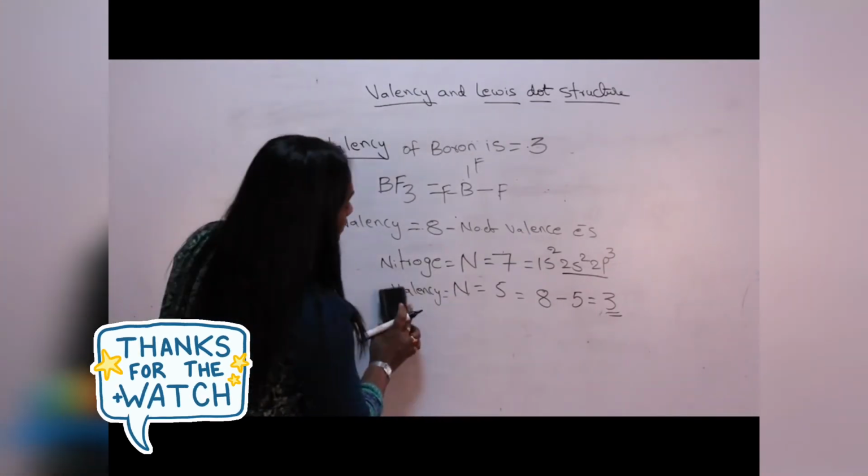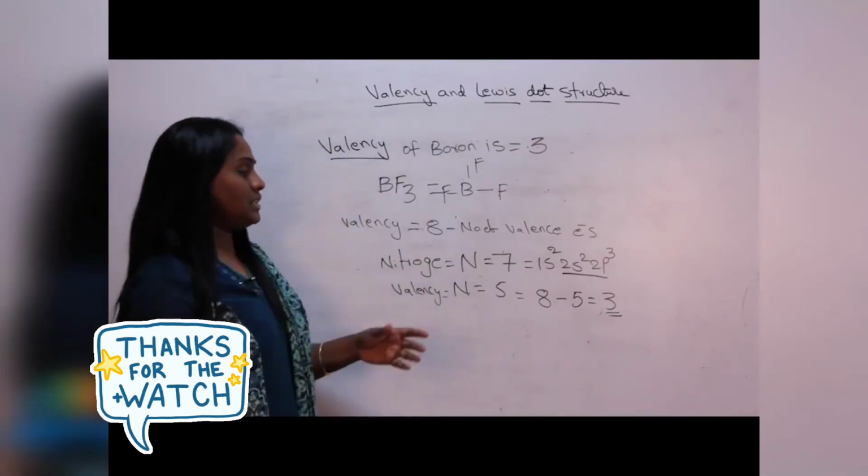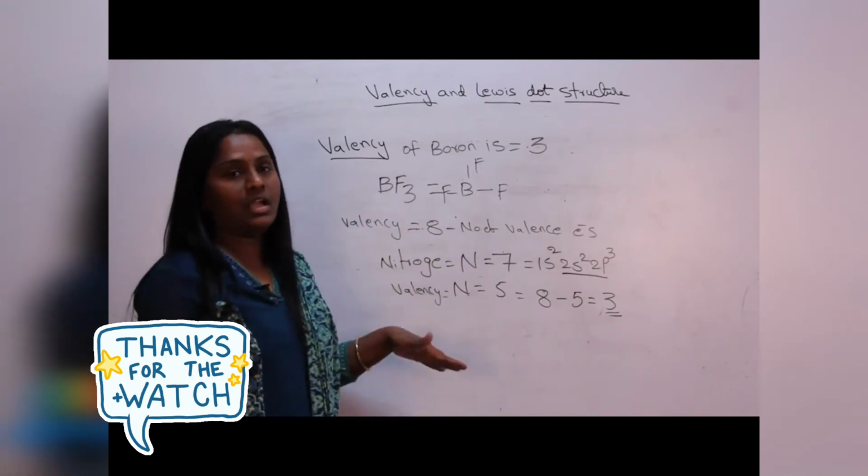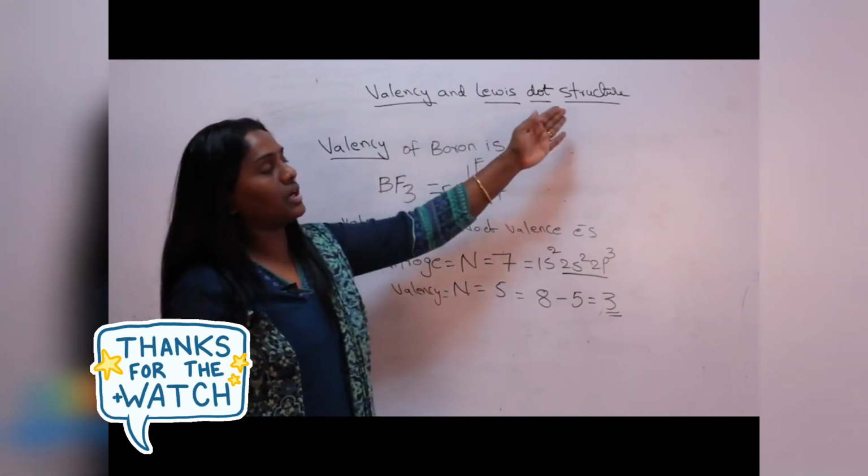Got it? Now representing these valence electrons around nitrogen or around any element is called Lewis dot structure.